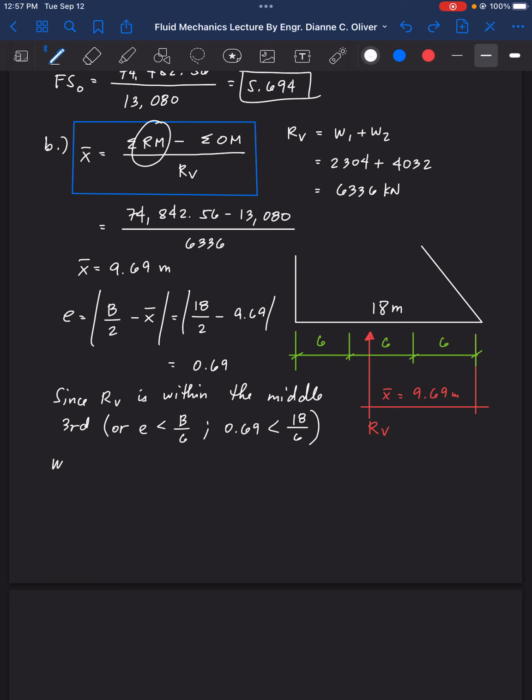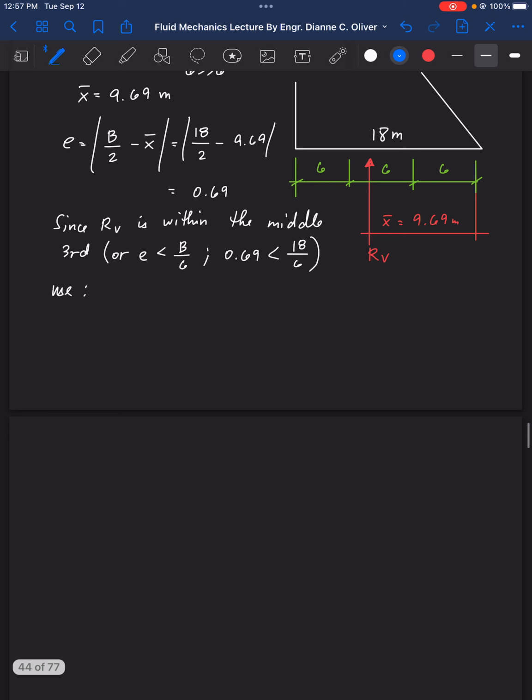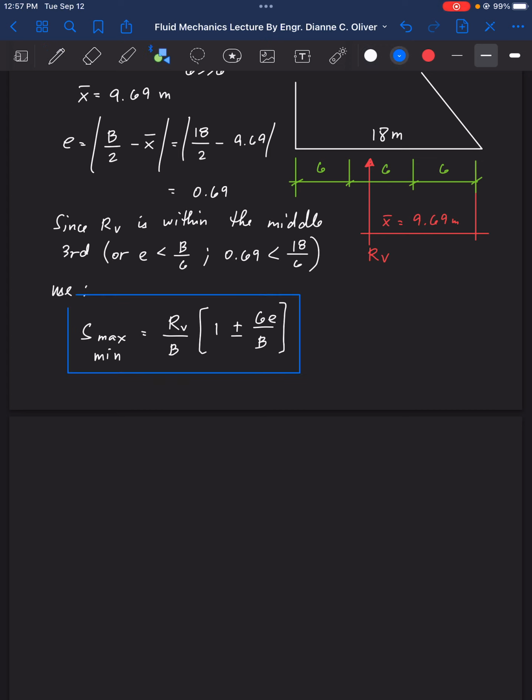Since that is the condition, we will use now the formula for maximum stress and minimum stress. S max is equal to RV over B times 1 plus 6E over B. That is the maximum stress. For the minimum stress, we change this into minus. So this is our formula for maximum and minimum stress.